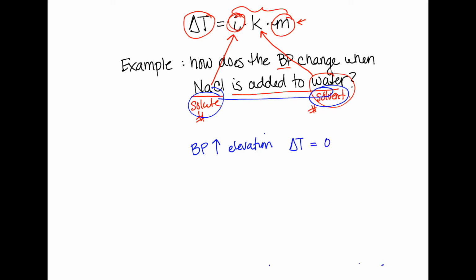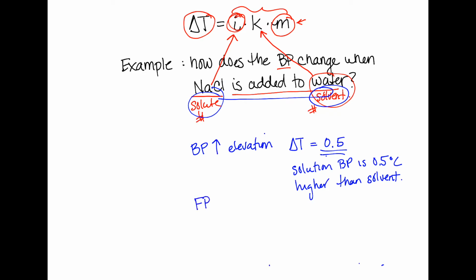If you calculate a delta T of 0.5, that means that the solution boiling point is 0.5 degrees higher than the solvent. So the delta T that you calculate should be added to the boiling point of the regular pure solvent. Freezing points are going to go down, and we call that depression.